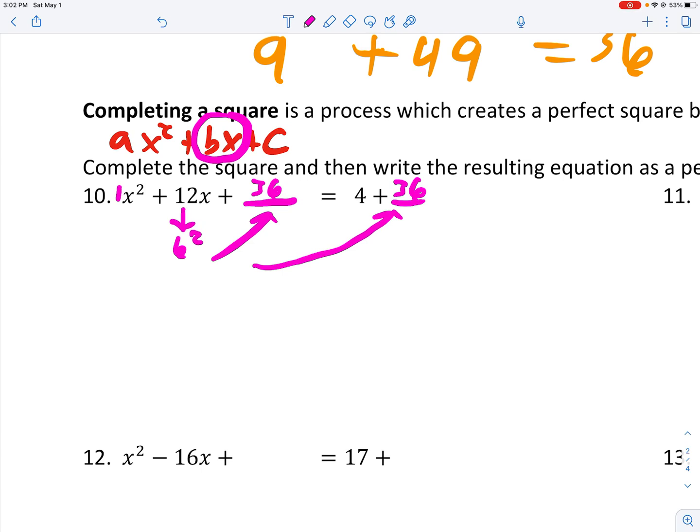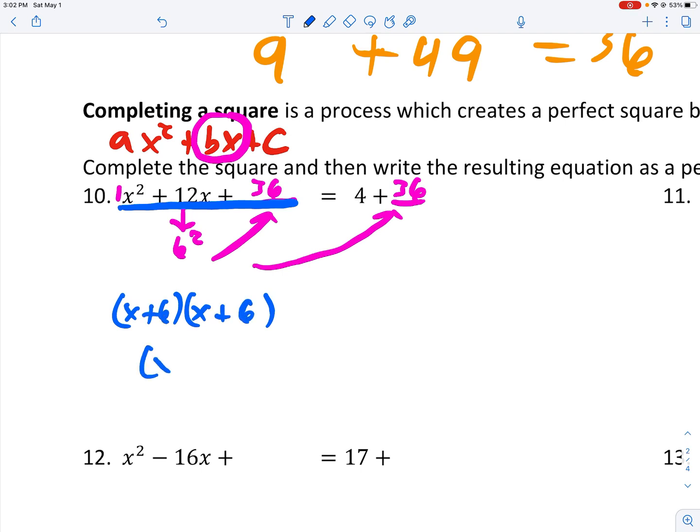Now, by taking that b term and dividing by 2, you have created a perfect square binomial. So what does x squared plus 12x plus 36 factor to? Well, that would be x, and multiples of 36 that give you 12: 6 plus 6.